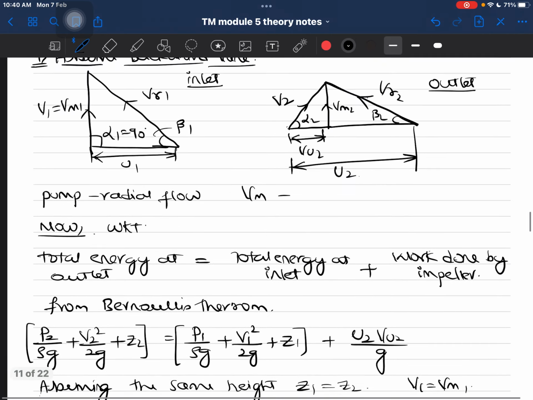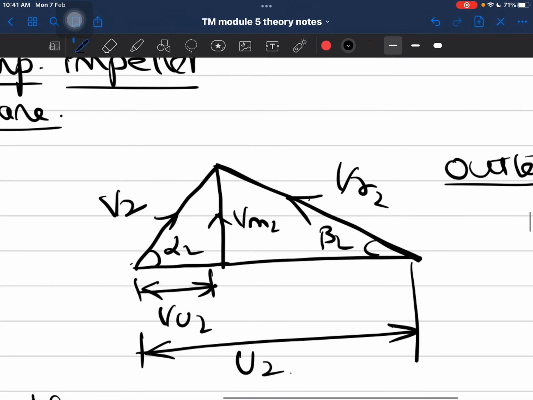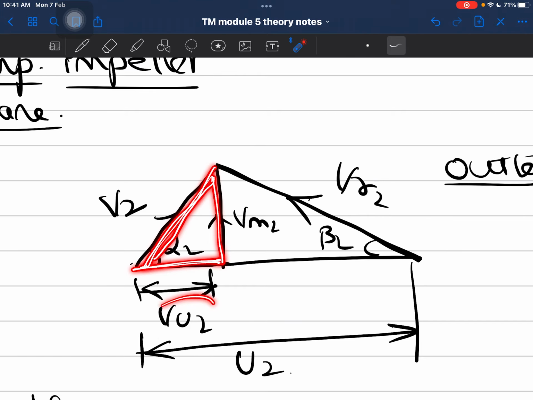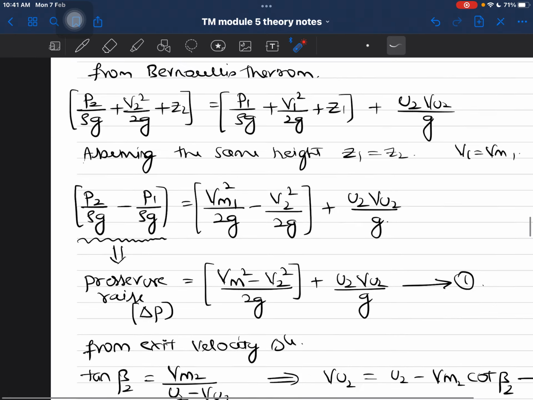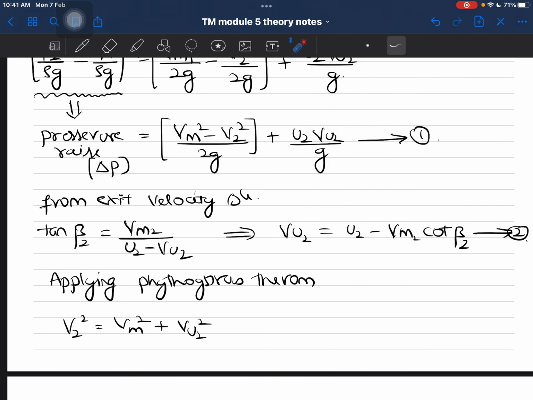Where are you applying Pythagoras theorem? In this particular triangle. If you zoom in here, V2 square is the hypotenuse, which will be equal to Vm2 square plus Vu2 square. Okay, so the Pythagoras theorem I have applied there. Once after applying Pythagoras theorem, next substitute the values.